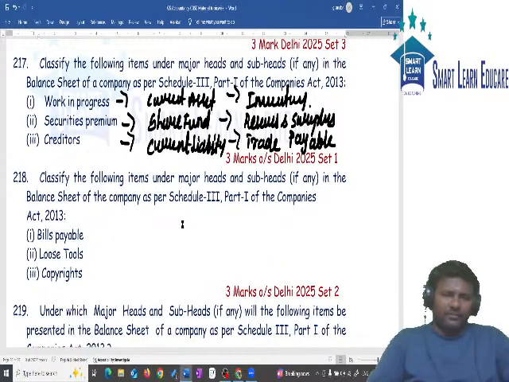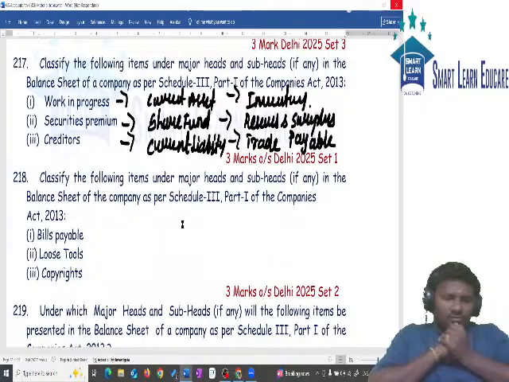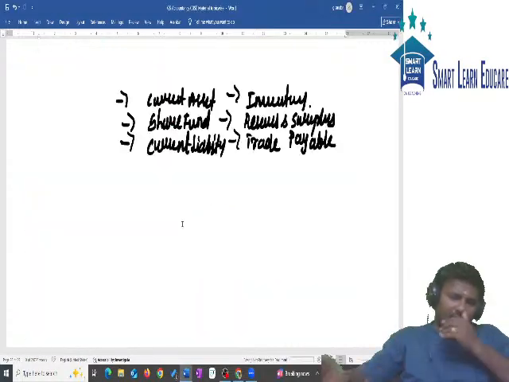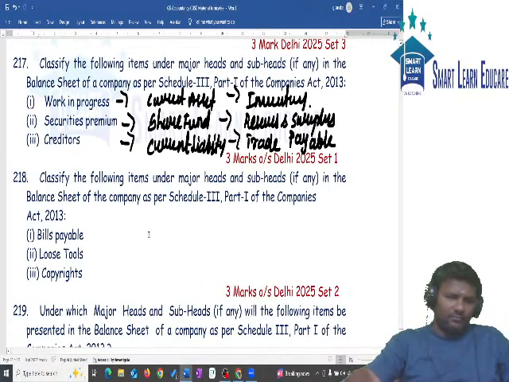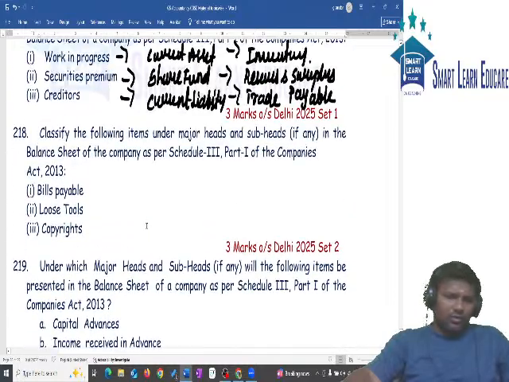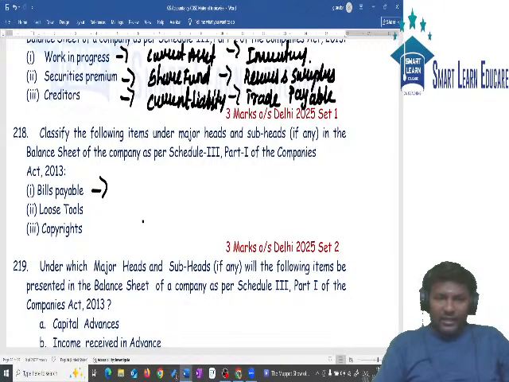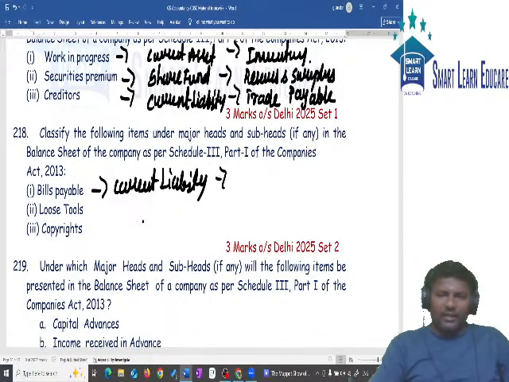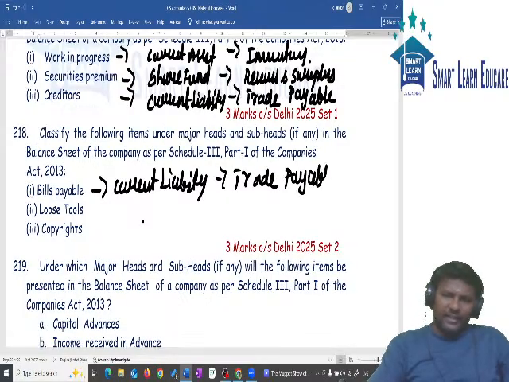Bills payable, not receivable, bills payable. So bills payable will come under liability, current liability. In current liability, under trade payable. Payable means creditors.